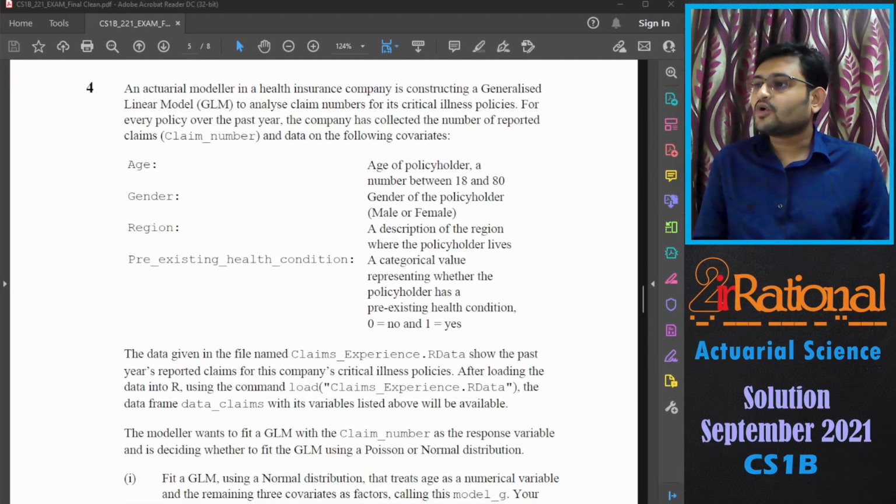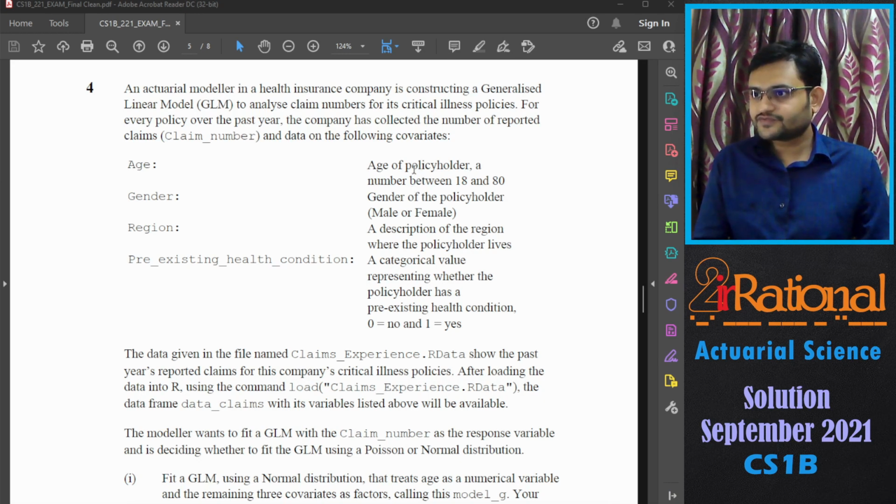An actuarial modeler in a health insurance company is consulting a generalized linear model to analyze claim numbers for its critical illness policy. For every policy over the past year, the company has collected the number of reported claims, that is our claim number, and the data on the following covariates. So we have age, gender, region, pre-existing conditions.